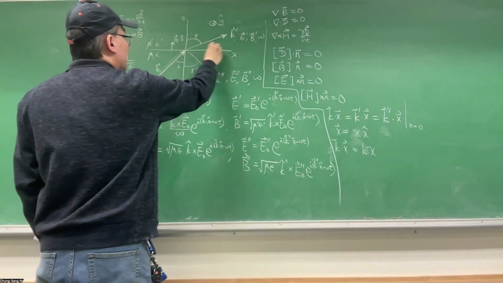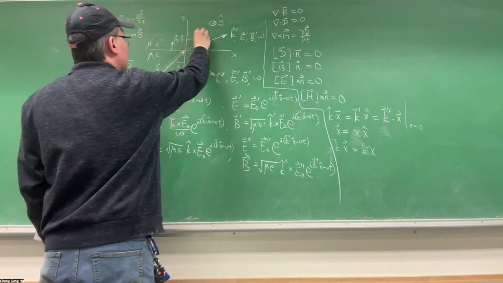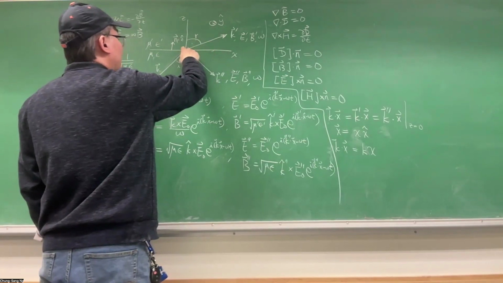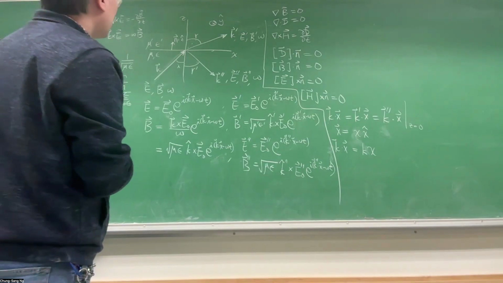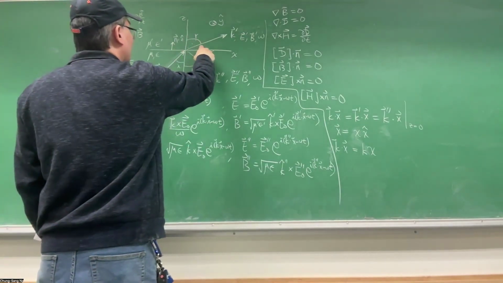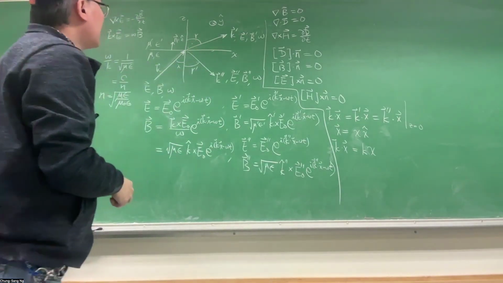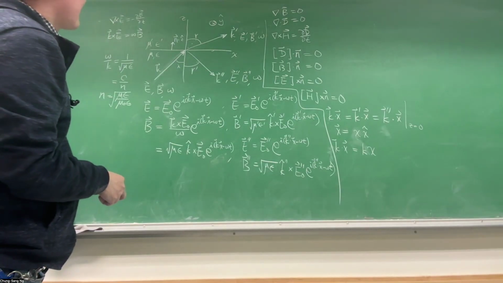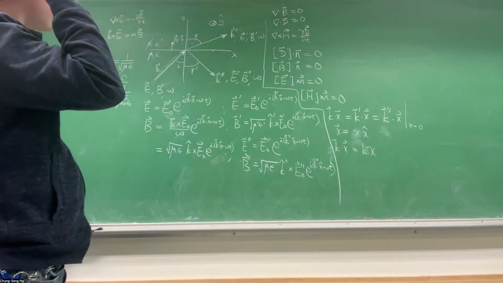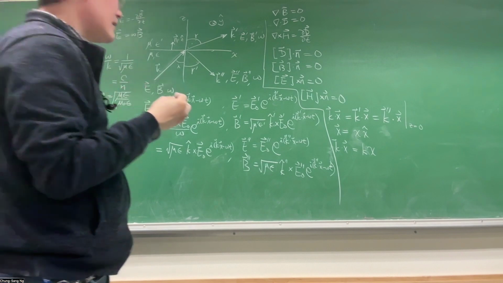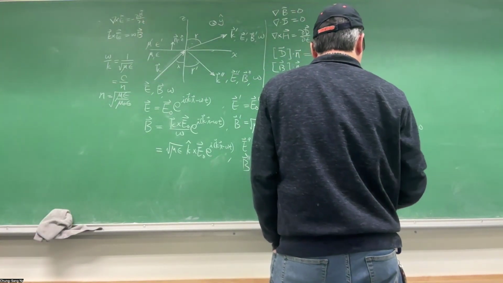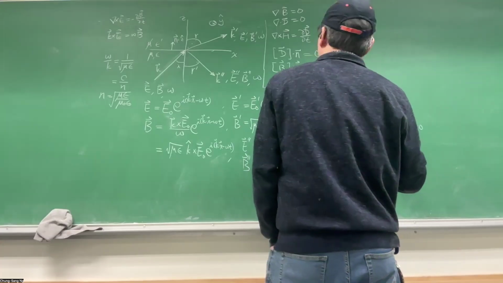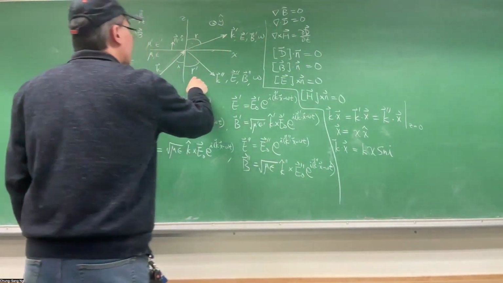So the x unit vector is here, the k vector is here. The dot product is the angle between them, which is this is I, this is pi over 2 minus I. So it's cosine of pi over 2 minus I, which is the same as sine. So sine I, right?